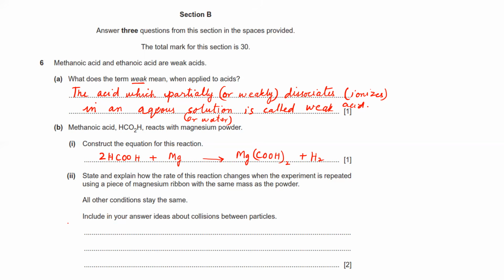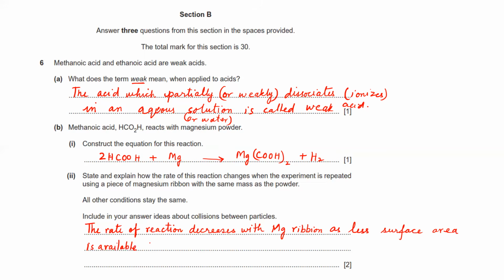So in terms of collisions between particles, let's write it as: the rate of reaction decreases with magnesium ribbon as less surface area is available for acid and for reaction.